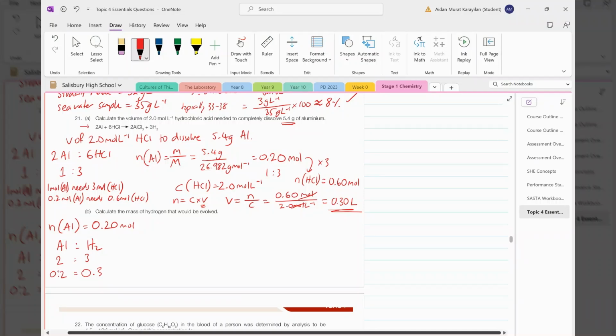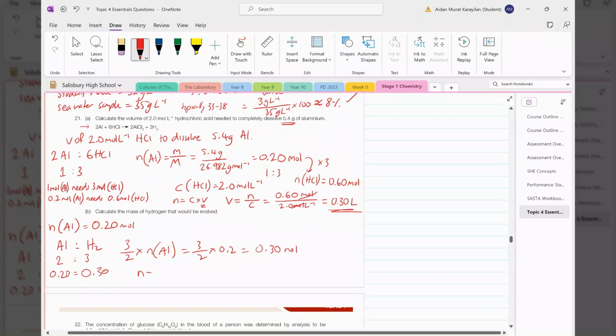If you wanted to do this more generally, you would have 3 on 2 times the number of moles of aluminium, in this case 3 on 2 times 0.2, which is equal to 0.3. So 3 on 2 times the number of moles of aluminium is the number of moles of hydrogen. So that's our number there, 0.3. Technically, it should be 0.30. So just to be a little bit more correct, let's put that there.